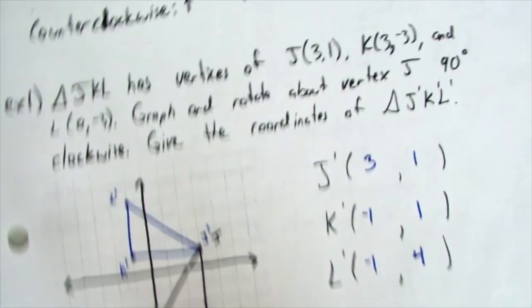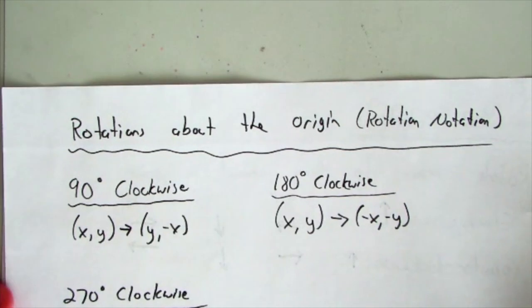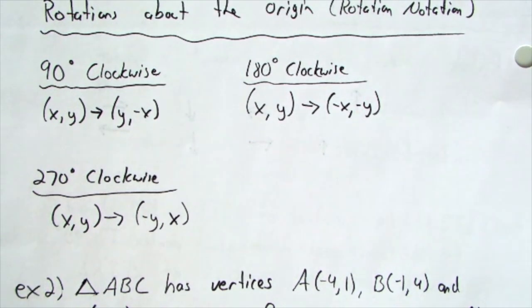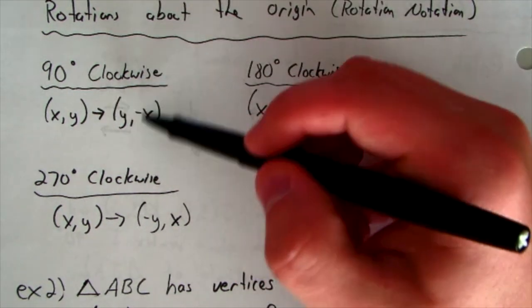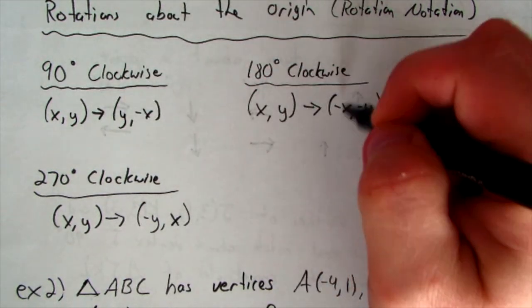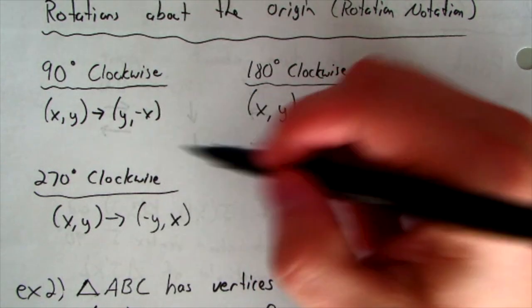Now, what happens if we're actually rotating about the origin? What this means is we're going to be having something called rotation notation. Just like in example 1, when we had translation notation, and lesson 2, when we had reflection notation, we're going to have something that's going to help us with rotations as well. So when we start looking at a 90-degree clockwise rotation, a lot of this stuff can be figured out with graphing, and graphing is going to be the best way to actually utilize this information.